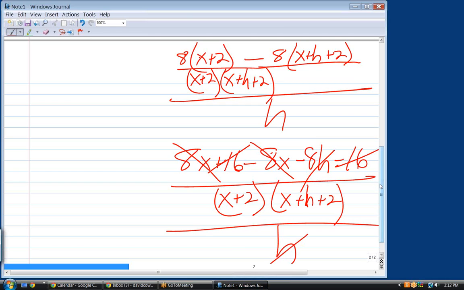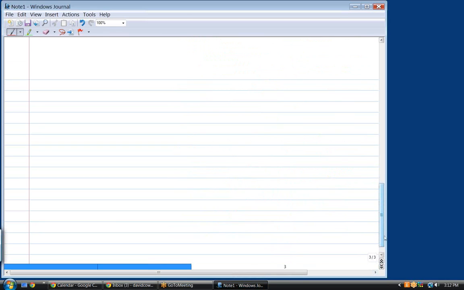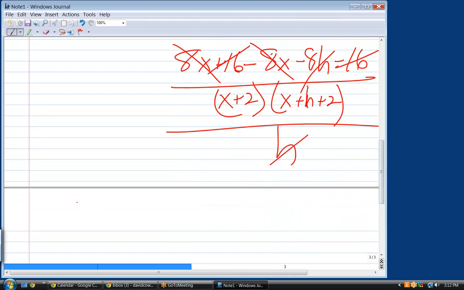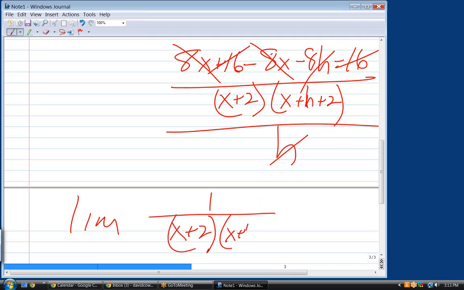So now we're left with taking the limit of 1 over x plus 2 times x plus h plus 2 as h goes to 0. And what is that limit equal to? The h in the numerator canceled with the h in the denominator.